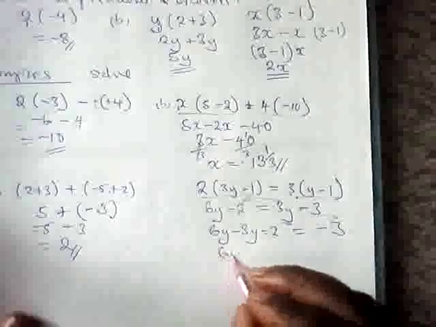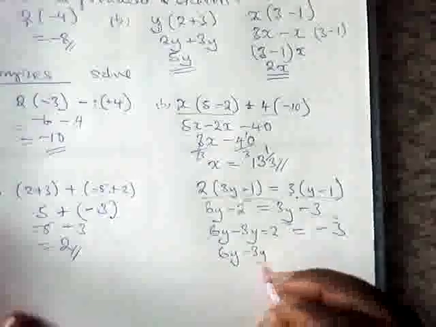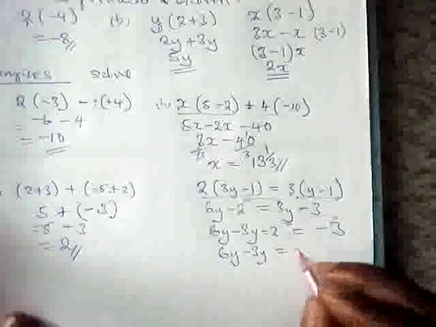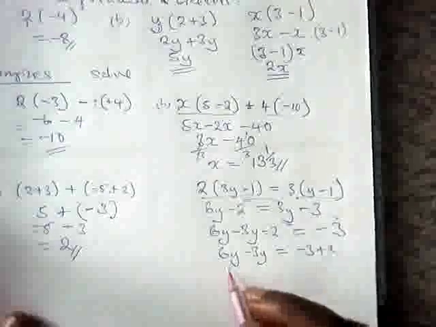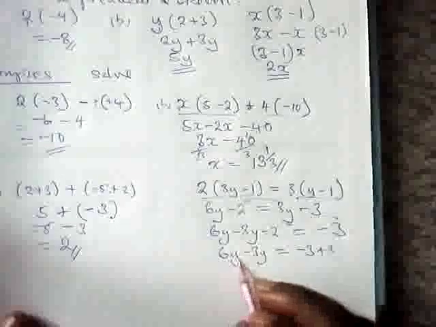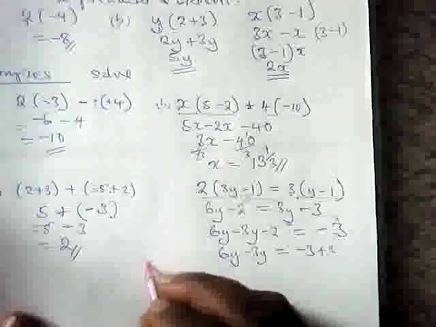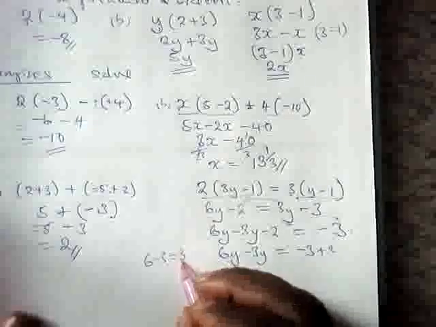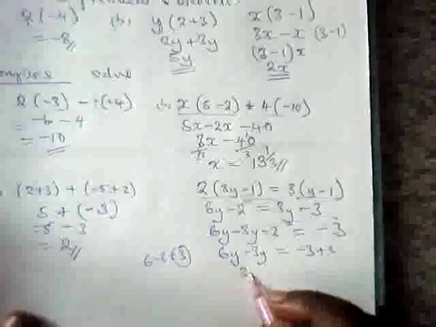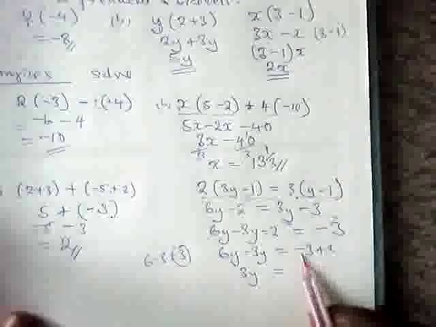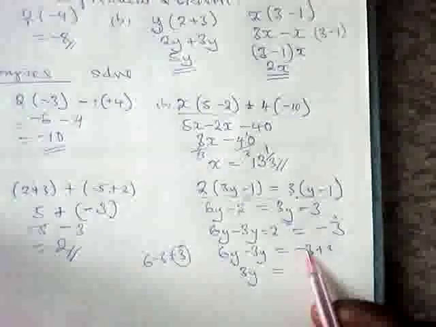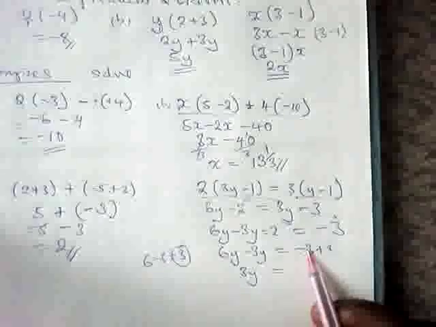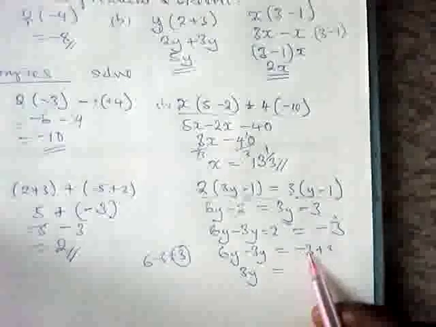So 6y minus 3y equals negative 3 plus 2. So 6y minus 3y is the same as 6 minus 3. It will give you 3. So this is 3y is equal to, then this, when you see a negative adding, pause, think, go back to the rules before you make a mistake.